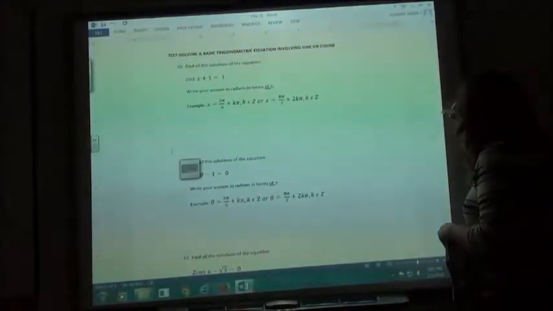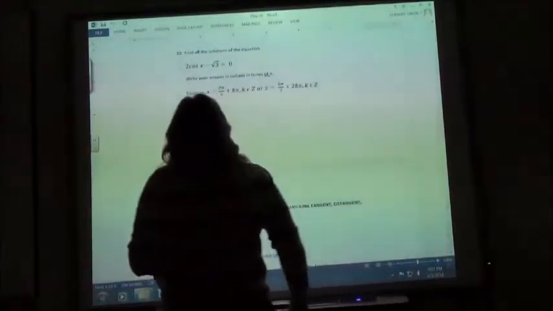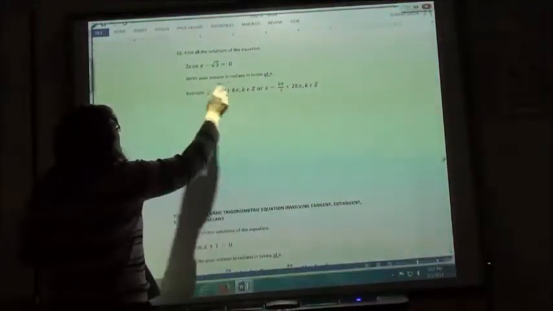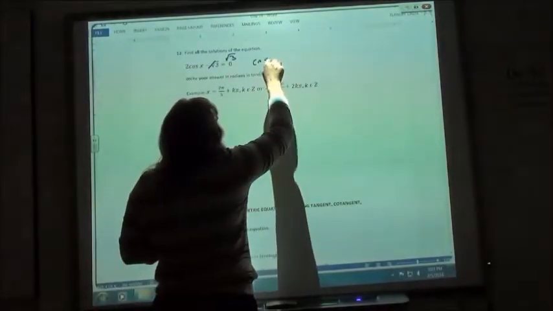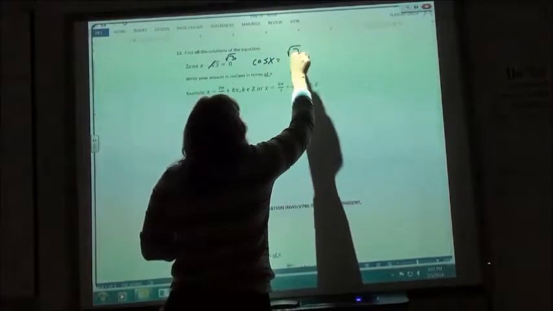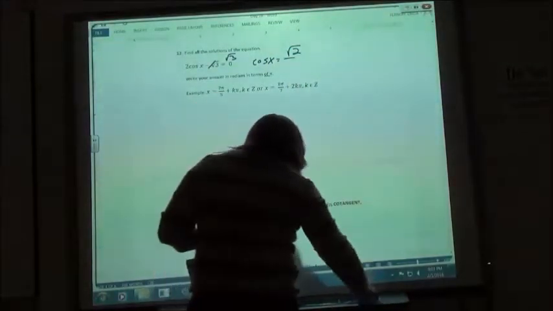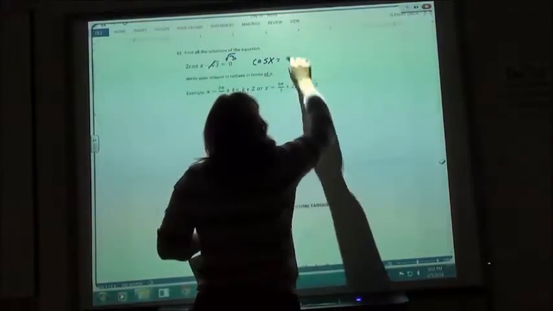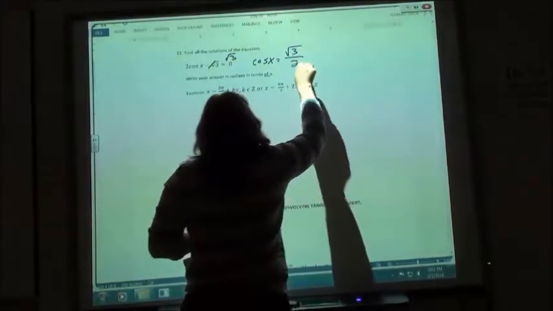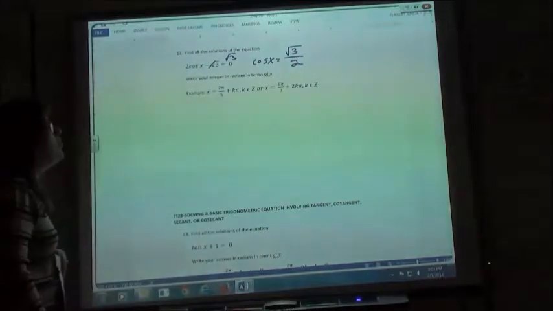If we look at the third one here, the third one's probably going to look closer to our answers normally. If I solve this, I'm going to add my square root of 3. So cosine of x is going to equal square root of 3 divided by 2, since we have to divide by the 2 to solve that.